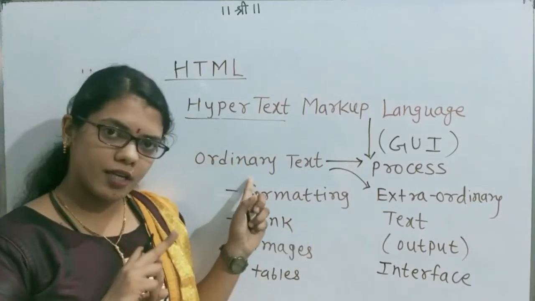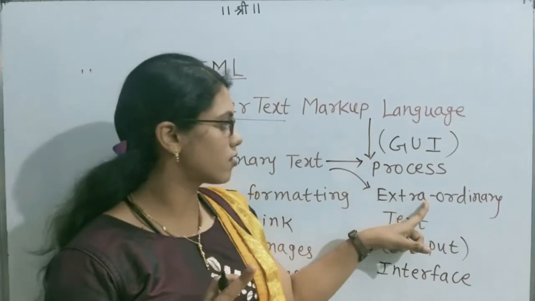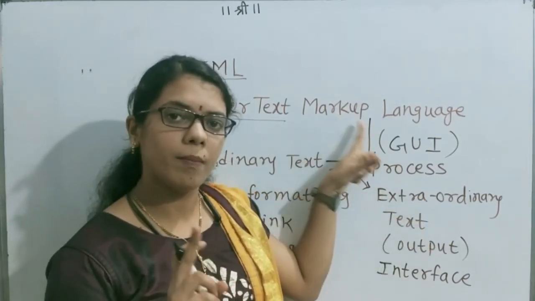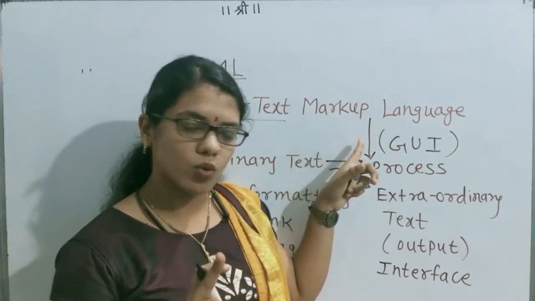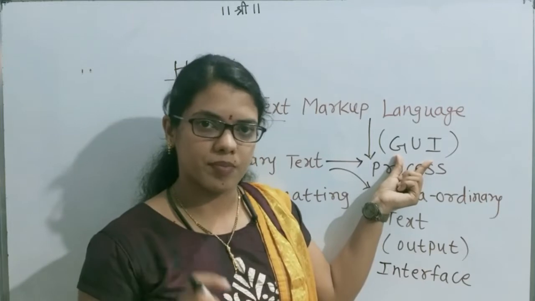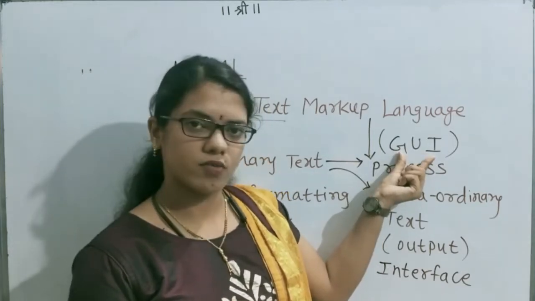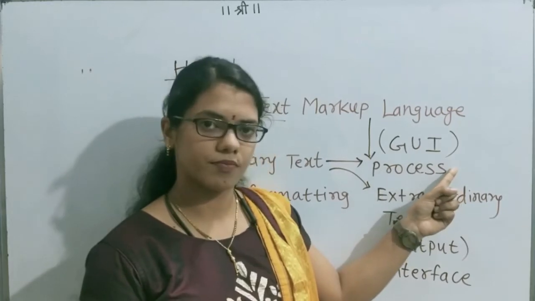So ordinary text is converted into extraordinary text with the help of the markup process. So the markup process is used to maintain a GUI in a website. GUI stands for graphical user interface.